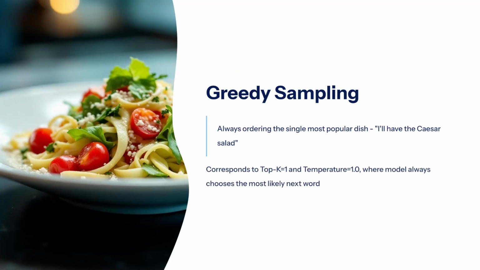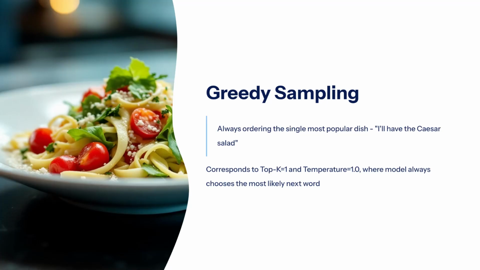This relates to the language model using top K equals 1 and temperature equals 1, where the model always chooses the single most likely next word according to its probability distribution. We'll come back to top K and temperature values later in this video.